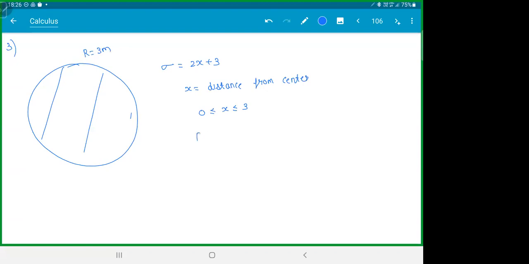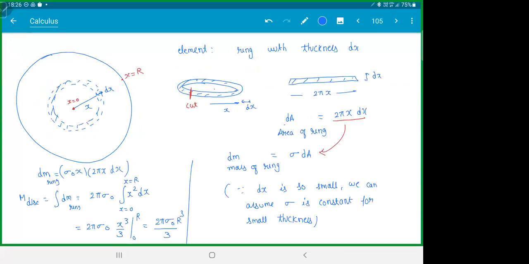Find the mass of the disk. Sigma is in kg per meter square. You can just put down that sigma. I'll show you the previous page; you can use it as a reference. Everything will be the same, only this sigma will change. The entire process is the same.